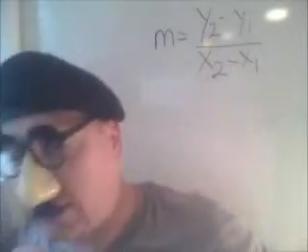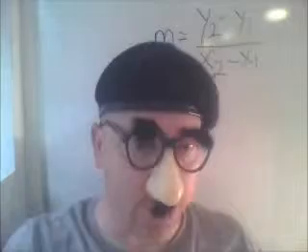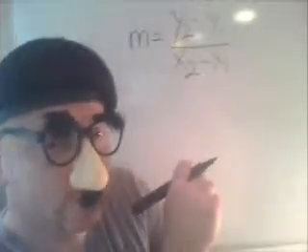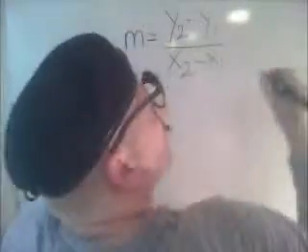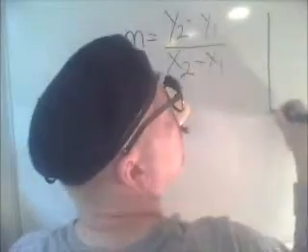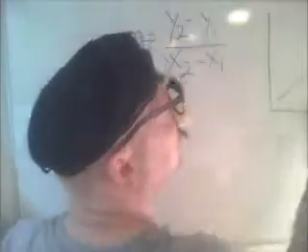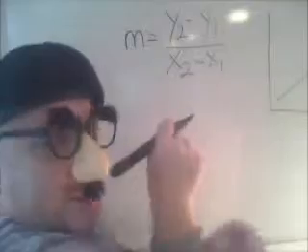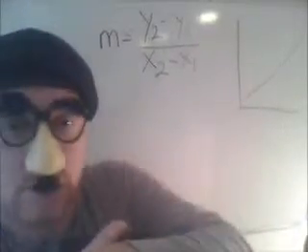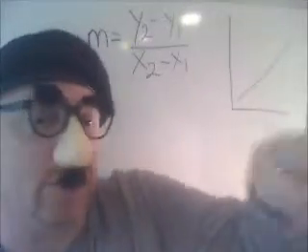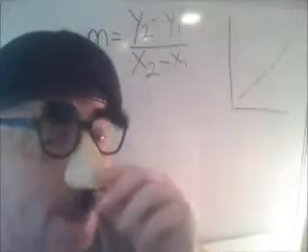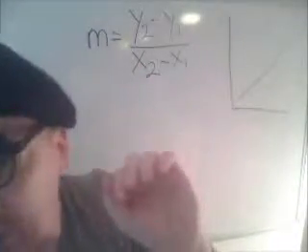Okay, now how do we get these? Simple. We get our line, and we take any 2 points on the line. Doesn't matter where it is. Any 2 points.